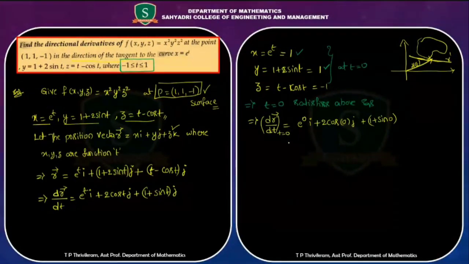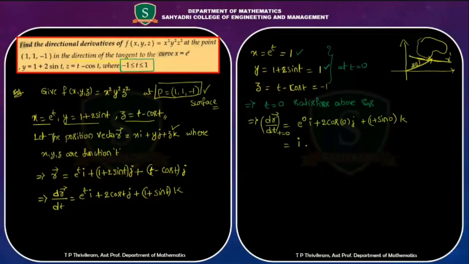Sir, in that dr by dt you have written 1 plus sin t into j, sir. It should be 1 plus sin t into k. Here, sir, this one, right? K. So here k. So e power 0, that is 1.